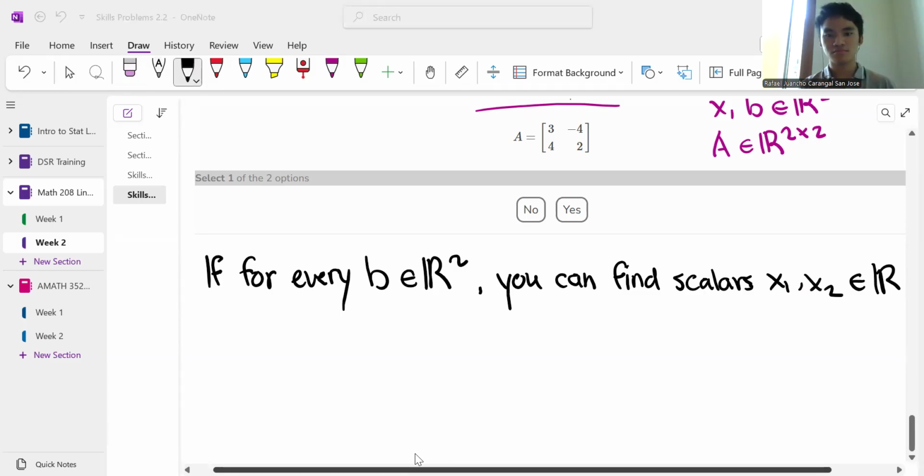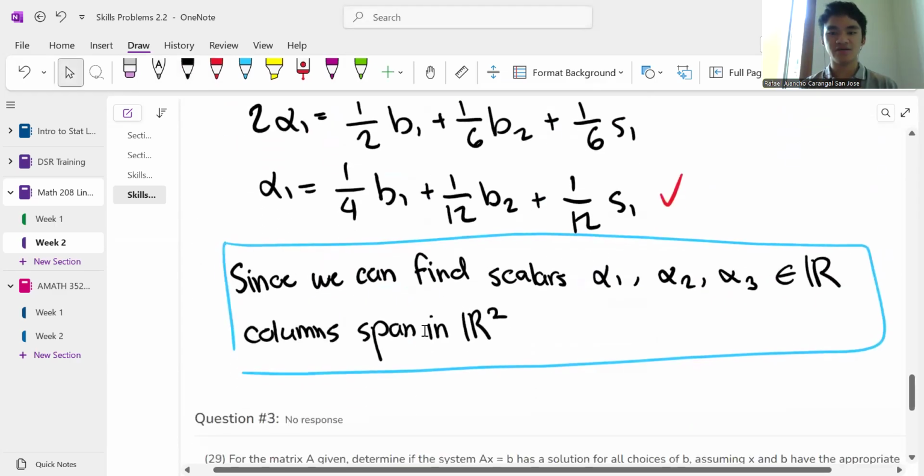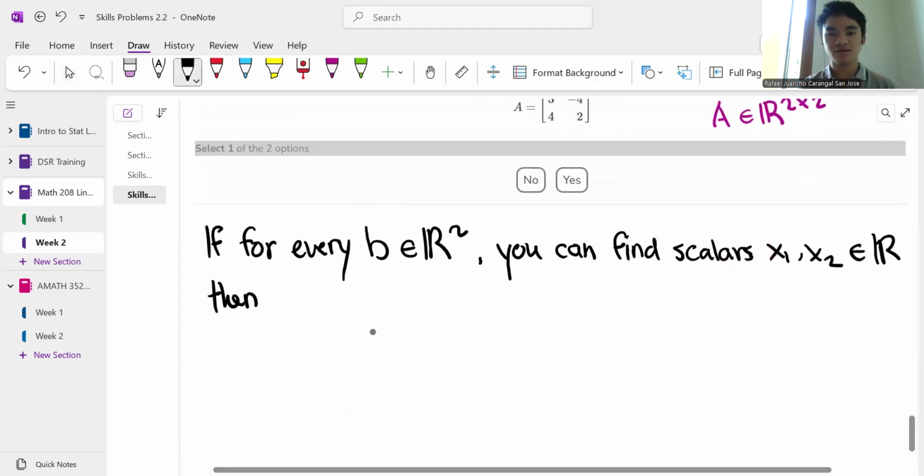Then from our previous thing here, the columns can span R2, right?